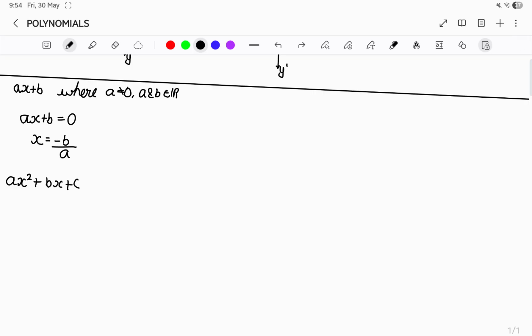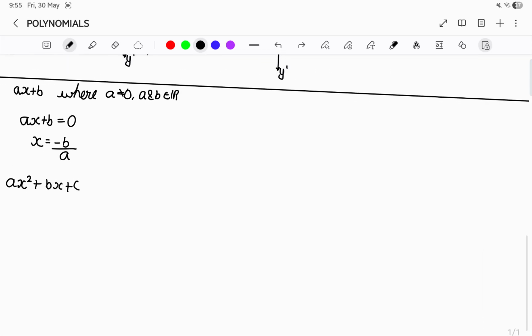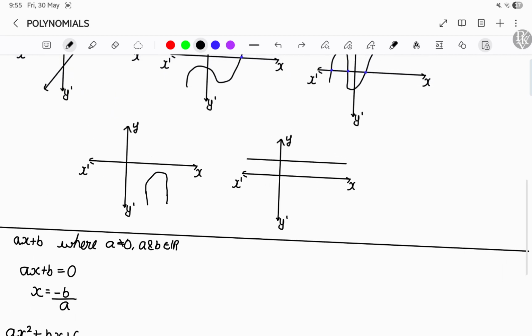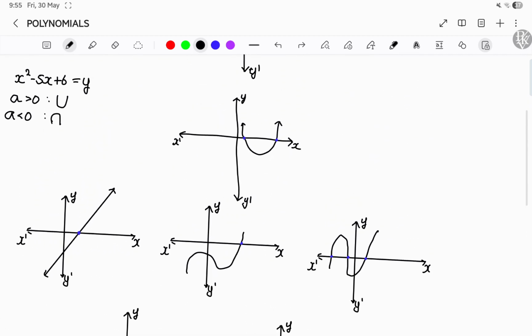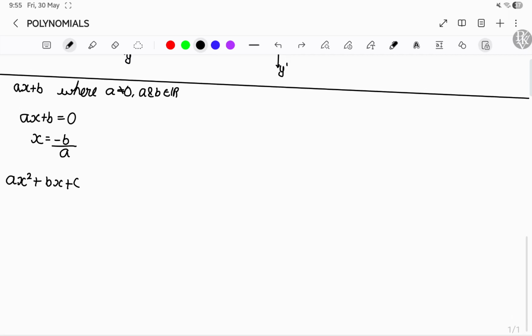Here the relation between the zeros and the coefficients: we know that in a quadratic equation there will be maximum 2 zeros, because we saw the parabola can cut in 2 places. There are no more zeros than 2.